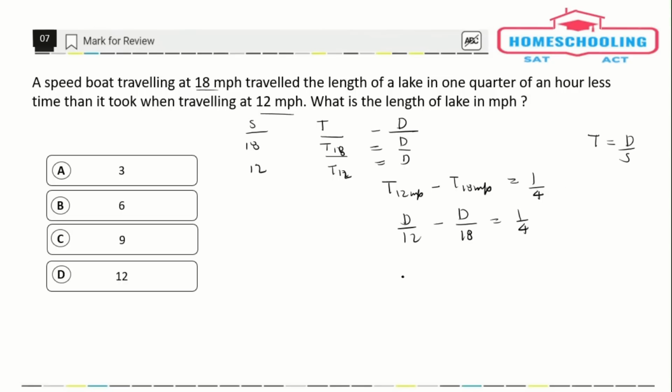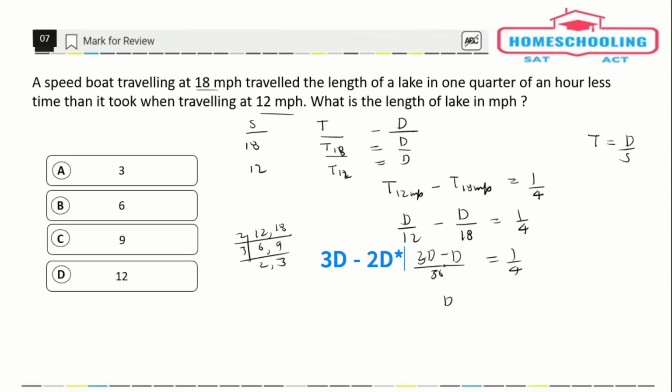So now we are going to factorize them. For 12 and 18, let's find their LCM. 12 and 18: 2 times 6, 9, 3, 2, 3. So 3 into 6, 6 into 6, 36. So 3d minus 2d, sorry, I made a mistake here, is equal to 1/4.